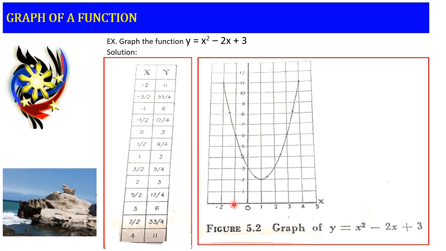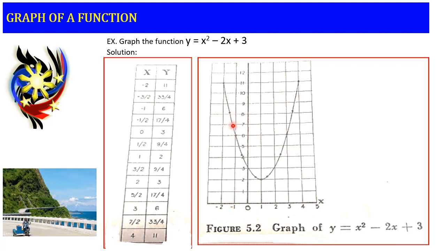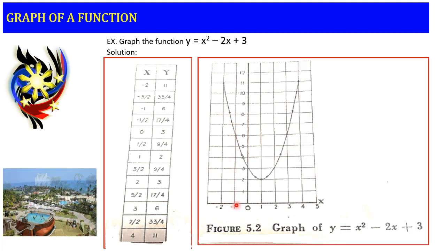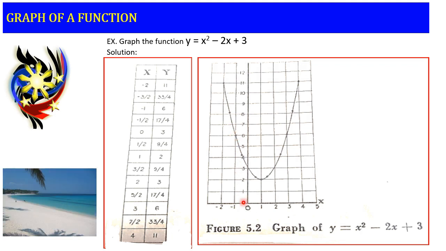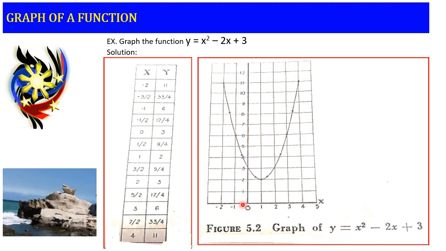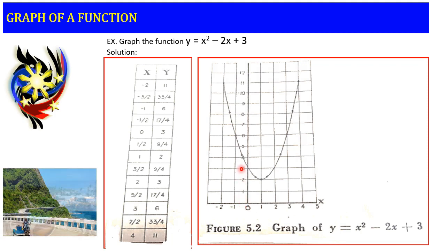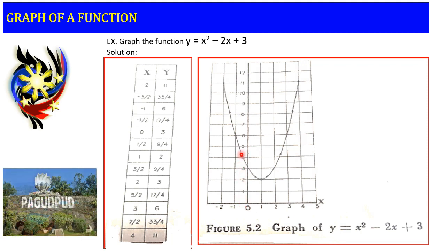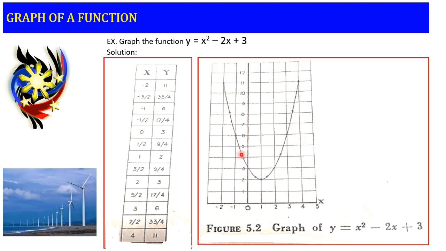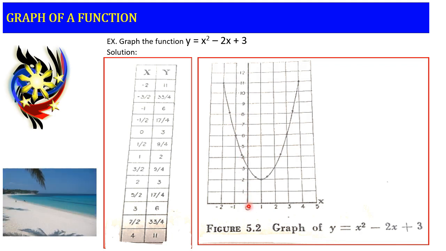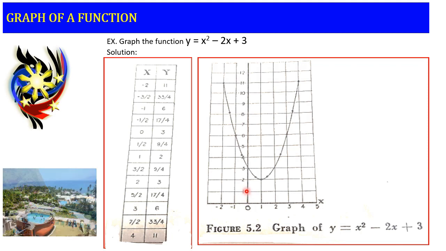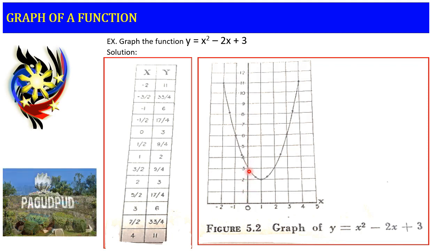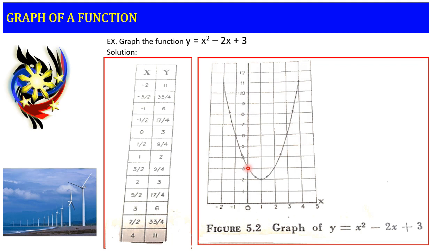Tapos kapag negative 1 daw, 6 naman. Pag negative 1, 6. Ito, yung point. Pag negative 1 half, 17 over 4. Ito raw po yun, ano? Kapag 0 daw, okay, edi ang lalabas daw po ay 3. So kung 0, edi 3.